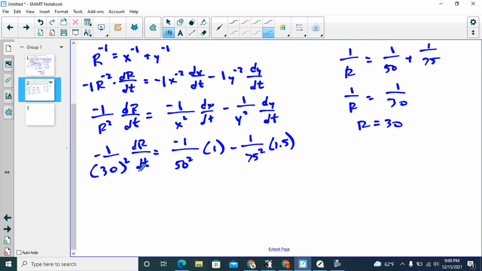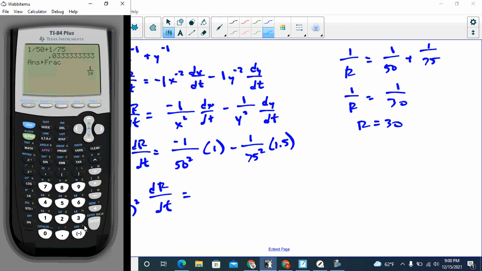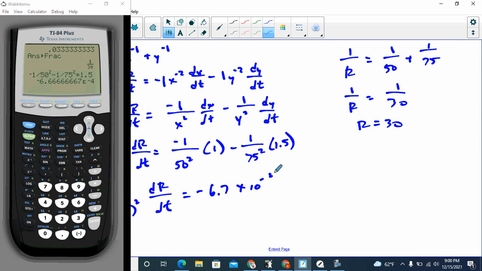And from there, we should be able to solve for dR/dt. So I've got negative 1 over 30 squared times dR/dt is equal to whatever this side gives us: negative 1 over 50 squared times 1, minus 1 over 75 squared times 1.5. So negative 6.7-ish times 10 to the negative fourth.